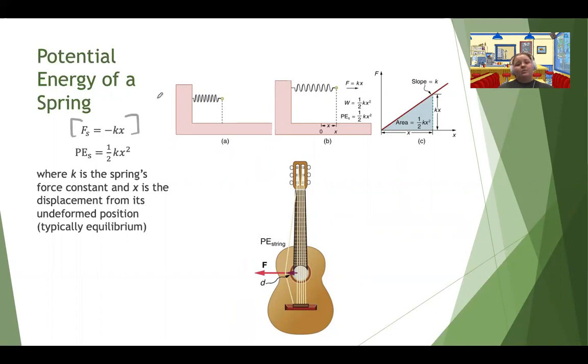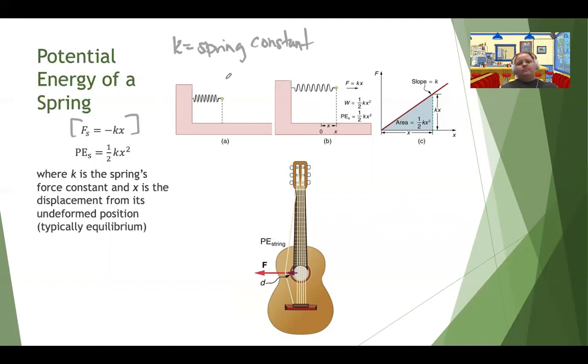Hold on. Now what is k? K is a spring constant. It's just a value to measure, I guess, a type of force constant.